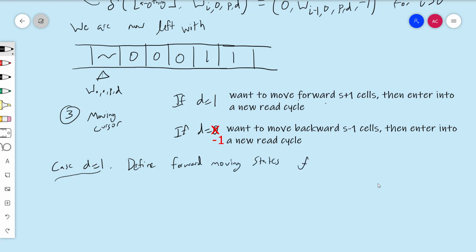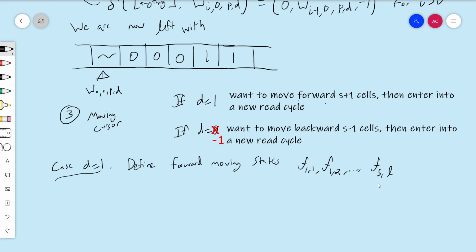F, let's say F_{1,1}, F_{1,2}, dot dot dot, up to F_{S,P}, S L. I think that's all the states I need.